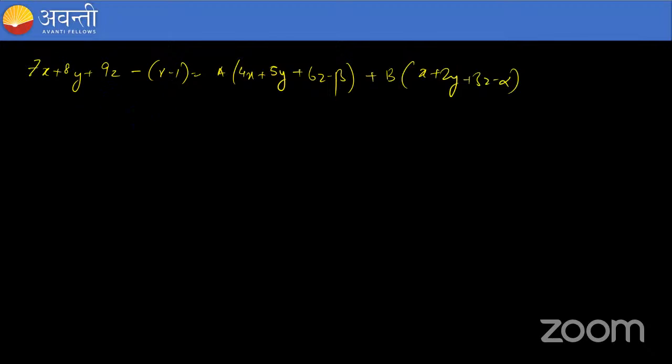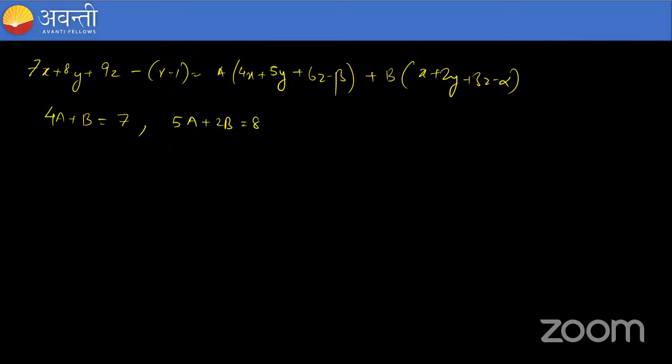So on comparing the coefficients, you get 4a plus b equals the coefficient of x, that is 7. Then you get 5a plus 2b equals 8, right?